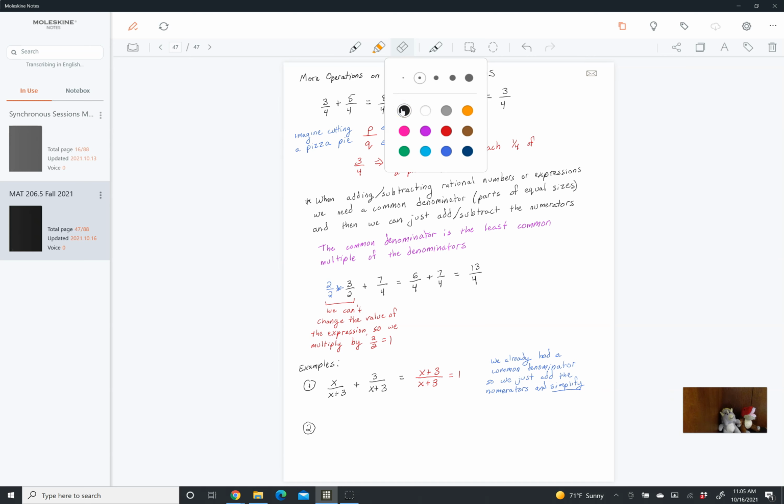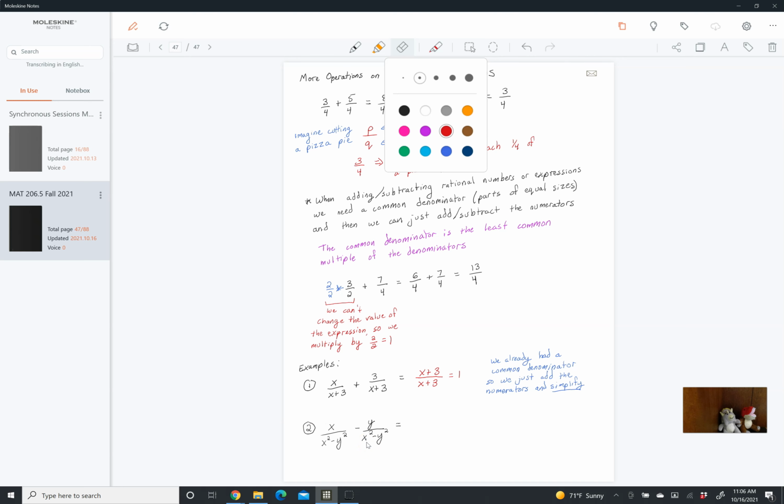So let's say that we have x over x squared minus y squared, and then we have minus y over x squared minus y squared. So remember, first thing that you check for is a common denominator. We have one here. Okay, if we have one, addition and subtraction is really straightforward.